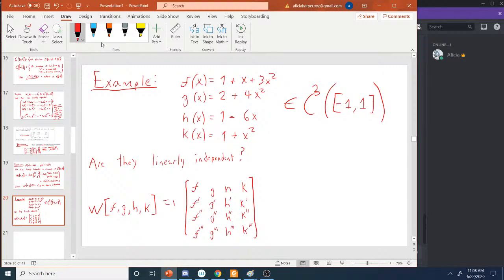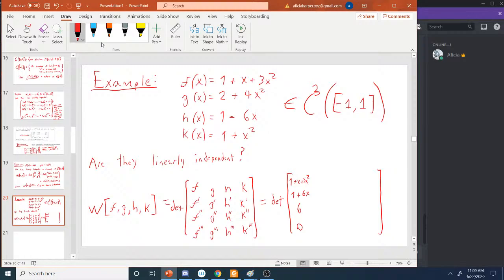And I want to take the determinant of this. Well, this is the same thing as taking the determinant of the following matrix. So for f here, I have 1 plus x plus 3x squared. Its first derivative is 1 plus 6x. Its second derivative is 6. Its third derivative is 0.